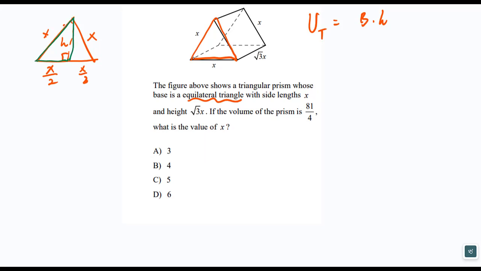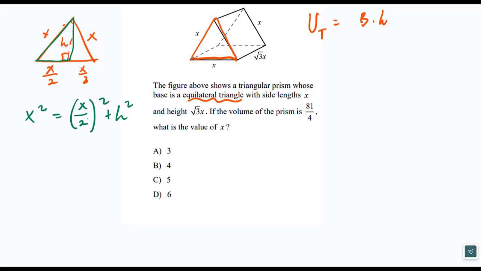So using the Pythagorean theorem, I know that x squared is going to be equal to x over 2 squared plus h squared.